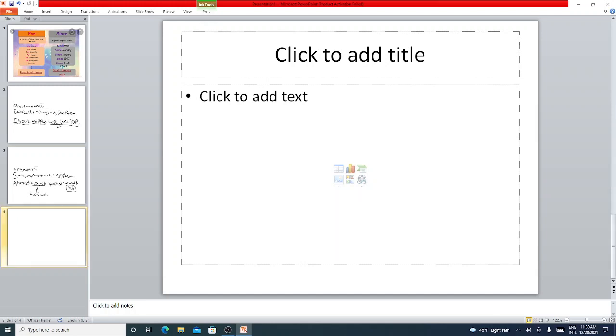Okay? The last form is the interrogative. The interrogative form, okay, or as you all know it, is the question form. Now, instead of adding the subject at the beginning of a sentence, we add the auxiliary verbs.